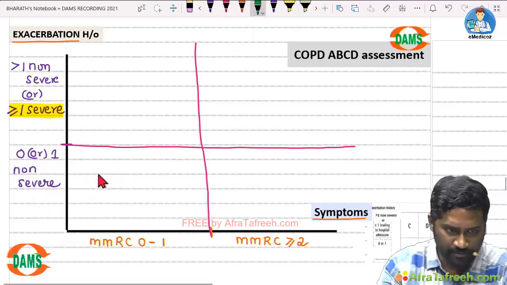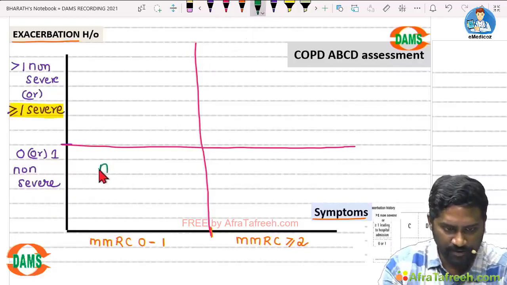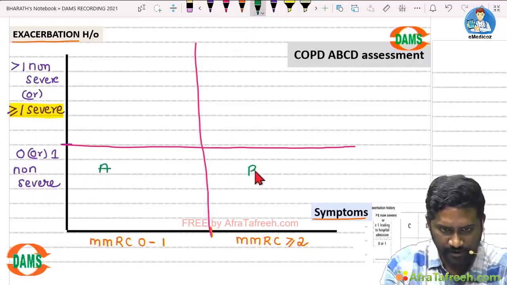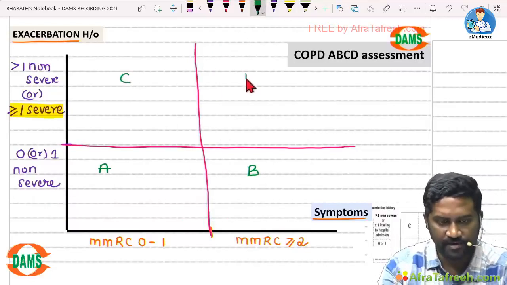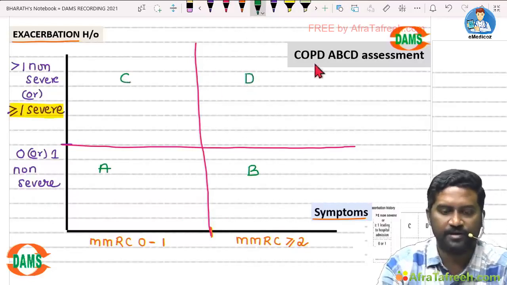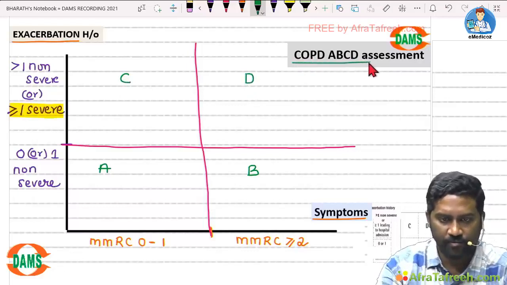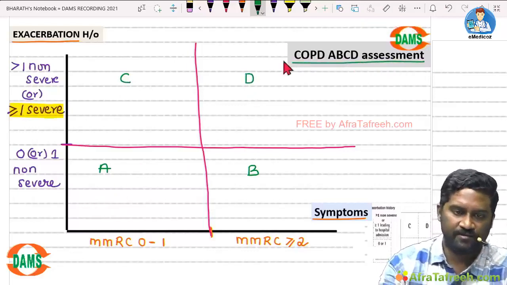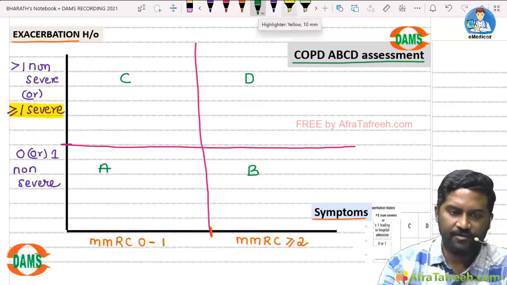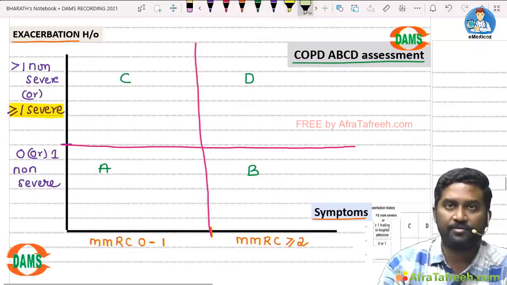I am going to name them. This is group A, this will be group B, this will be group C, this will be group D. So this is the COPD ABCD assessment. Now tell me students, out of these 4 groups, which will have good prognosis?